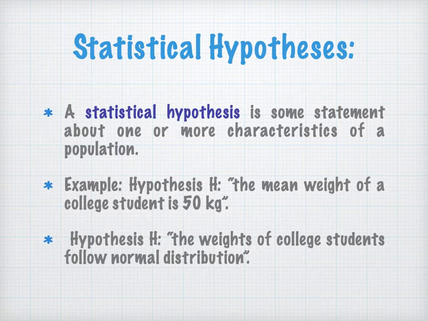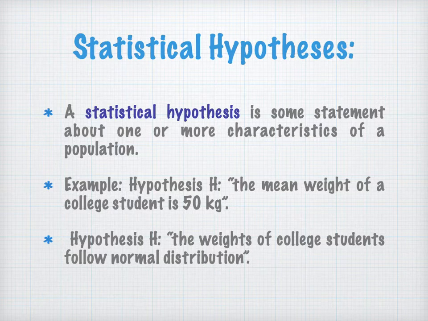The first example is: the mean weight of a college student is 50 kg. That is a statement about the weight of a college student. The next example for a hypothesis is that the weight of a college student follows a normal distribution.